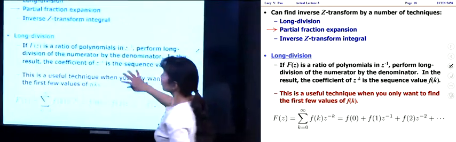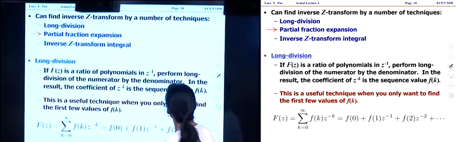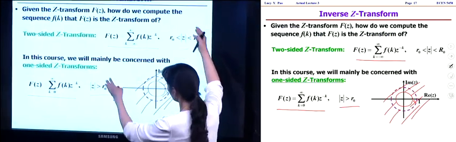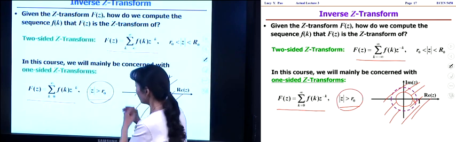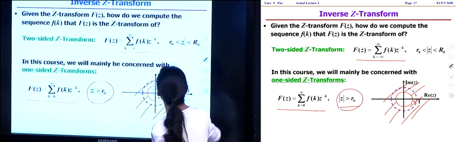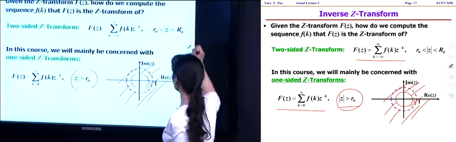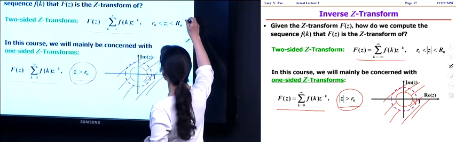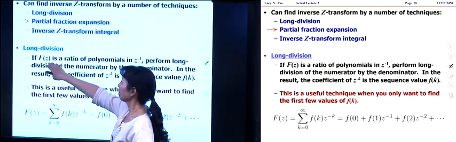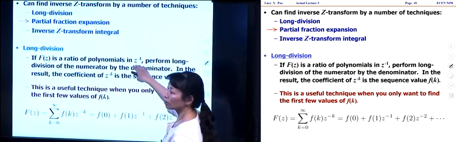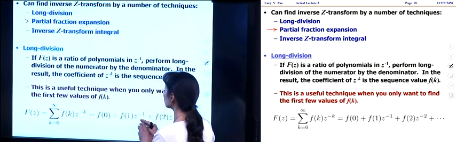Okay, so for long division, what you do is you take your f of z. We're going to assume a causal system in our inverse z-transform, so we're going to assume a region of convergence of this form. So we're effectively looking for a time domain sequence that's causal or right-sided, as they say. You take your f of z and write it as a ratio of polynomials in z inverse in order to use the long division technique, and then you perform long division.